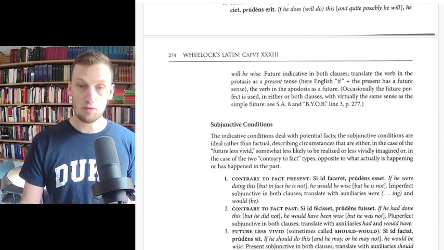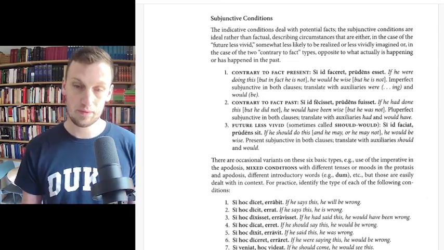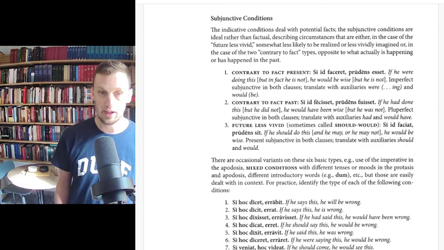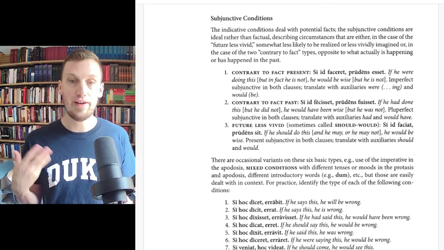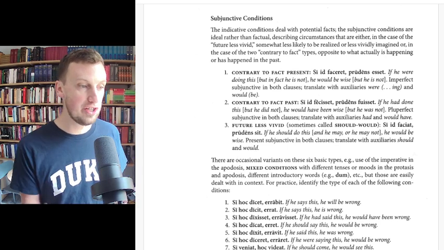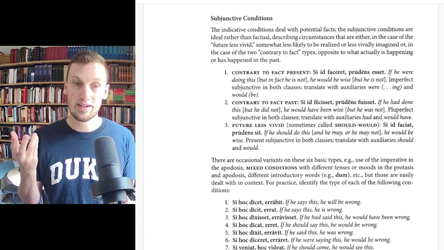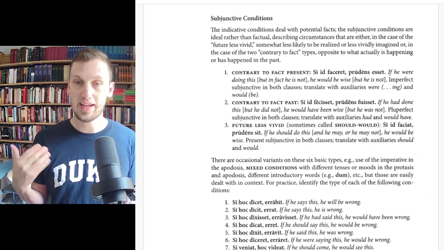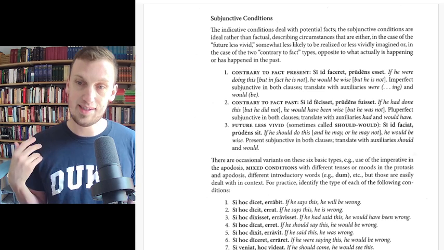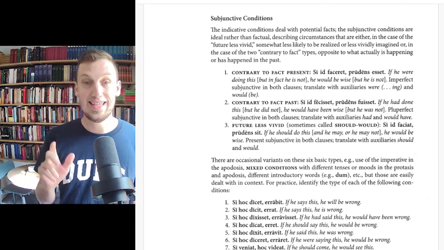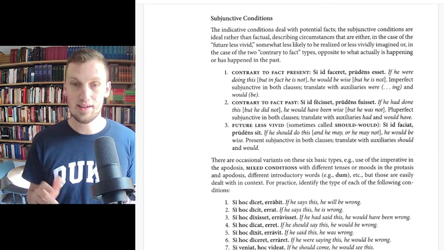The subjunctive ones are a little more complicated. The first two, the contrary to fact ones, are counterfactuals. They're presenting a conditional that is not satisfied, right? Something that is not the case. So if he were doing this, he would be wise, implies that he is not, in fact, doing this.